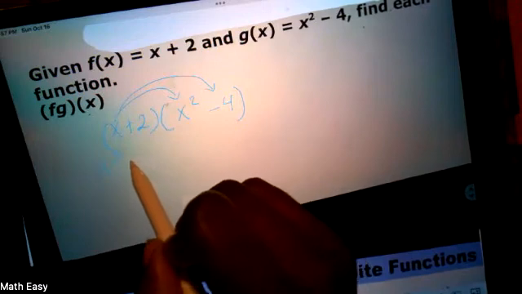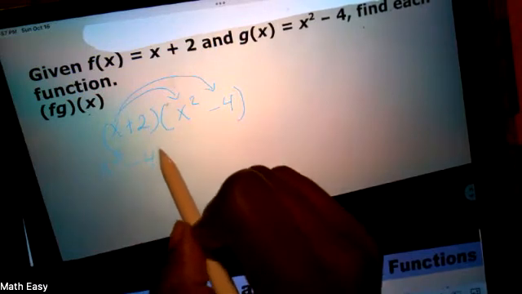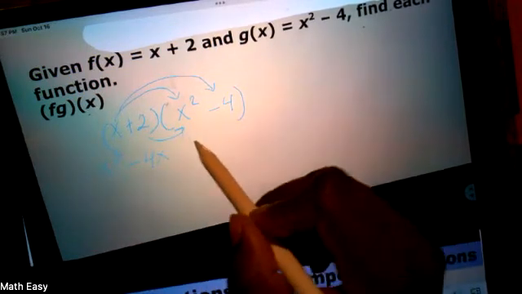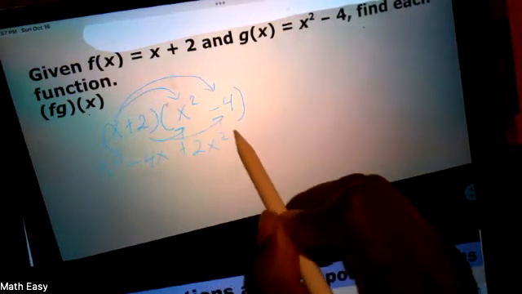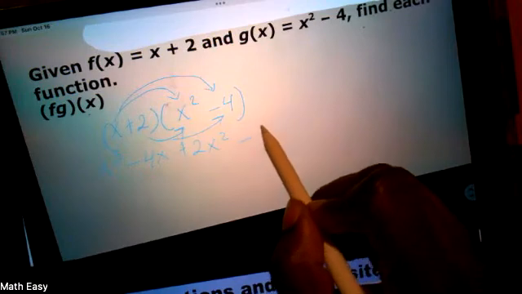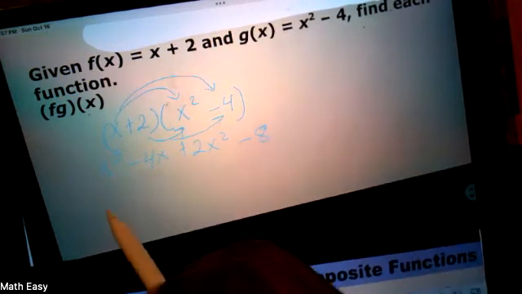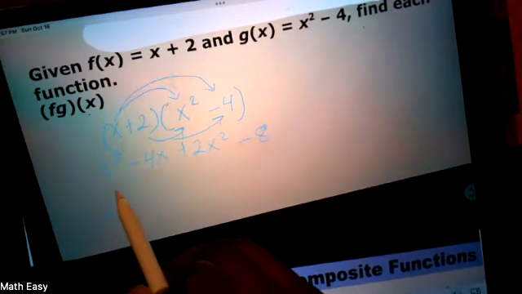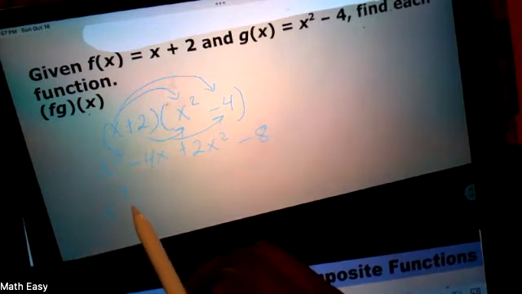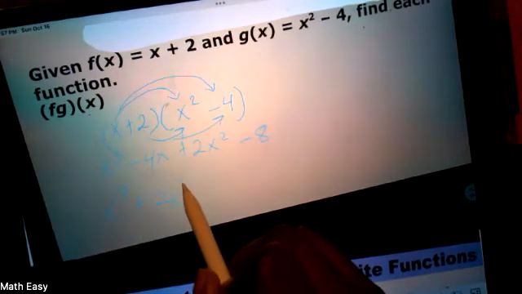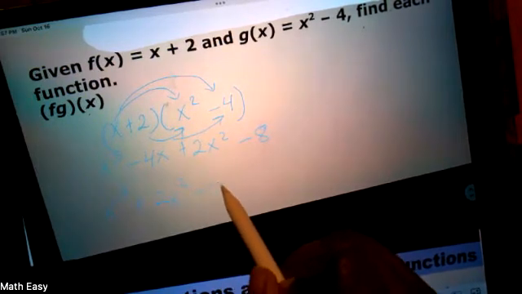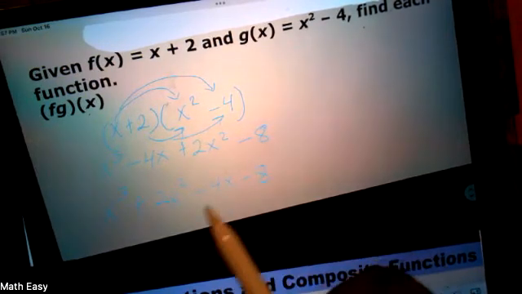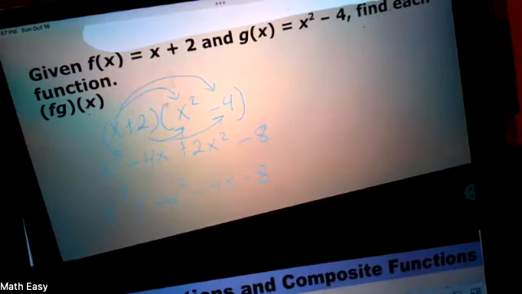X times negative 4 gives us negative 4x. 2 times x squared gives us 2x squared, and 2 times negative 4 gives us negative 8. It doesn't seem to have anything to simplify, so we can just simply write it in ascending or descending order in terms of x. All right, and that's your answer.